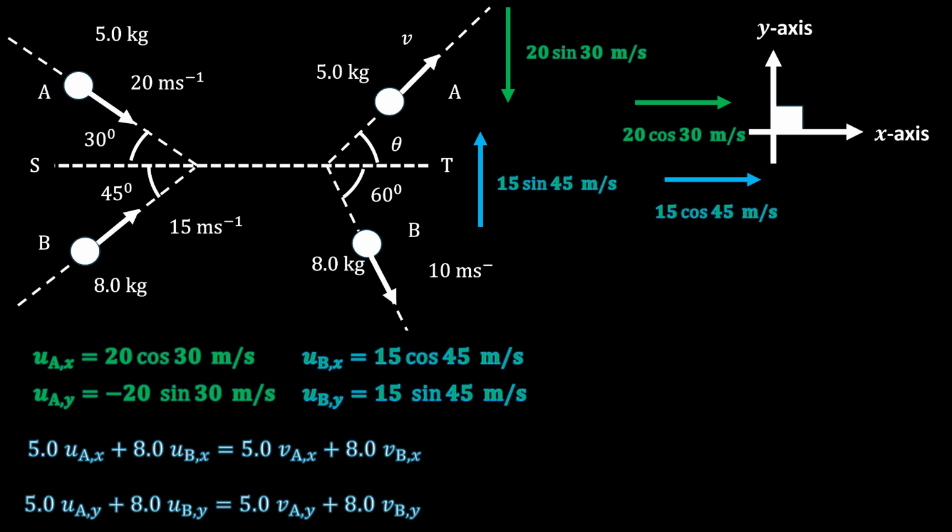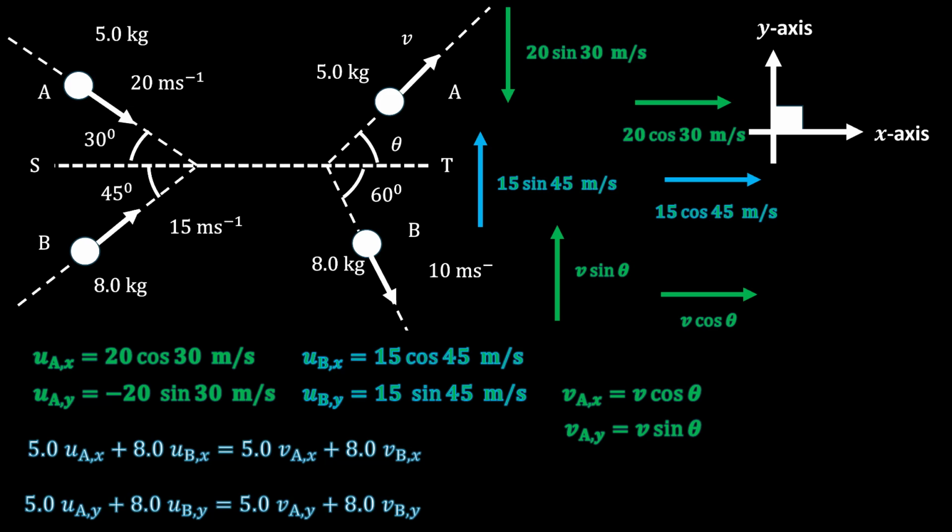Now let us do the same for the final velocities. For particle A, we have v cos theta along the x-axis, and we have v sine theta along the y-axis. Hence we can write VAX equals v cos theta and VAY equals v sine theta.